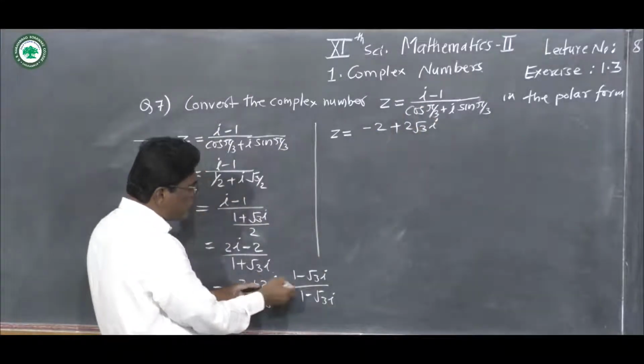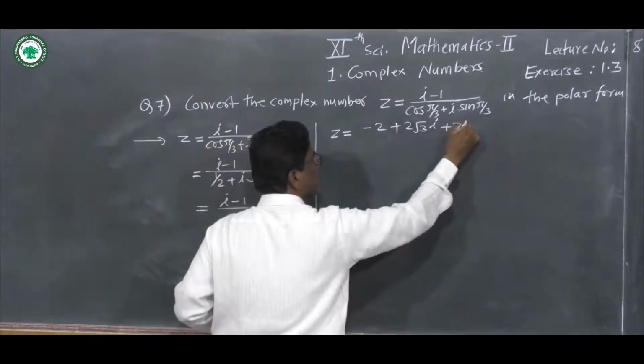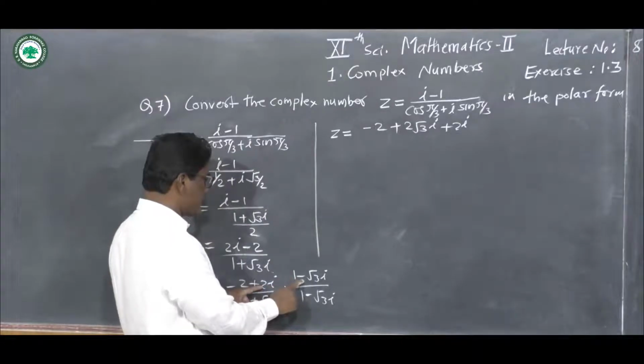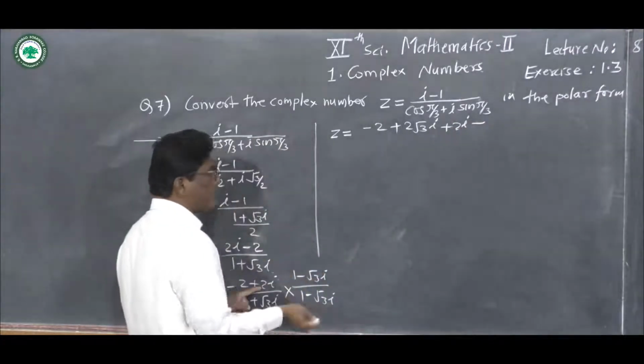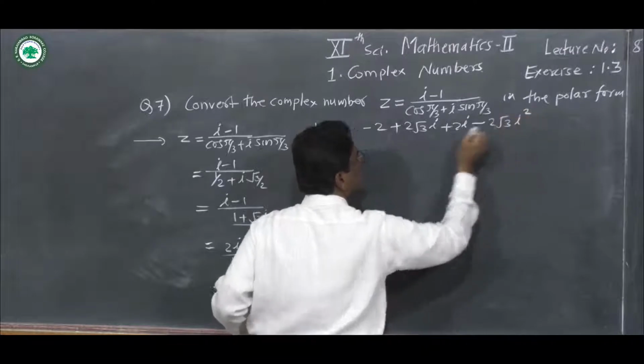Then multiply 2i to this: 2i into 1 plus 2i. Then 2i into minus root 3i, here plus and minus so it becomes minus. And 2 into root 3i into i, means i square.